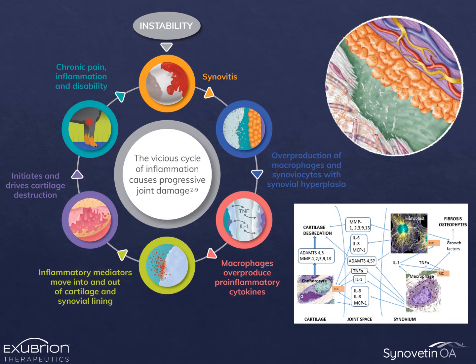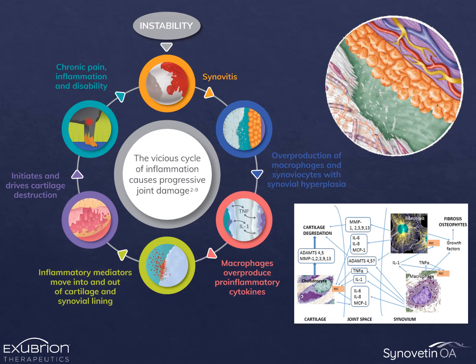Macrophages therein overproduce pro-inflammatory cytokines, and the inflammatory mediators therein move into and out of cartilage and the synovial lining. This initiates and drives cartilage destruction, which leads to chronic pain and inflammation as well as disability. And the worse it gets, the worse it gets.